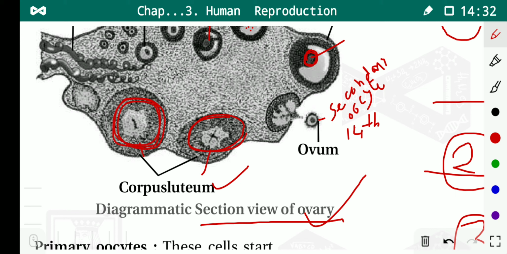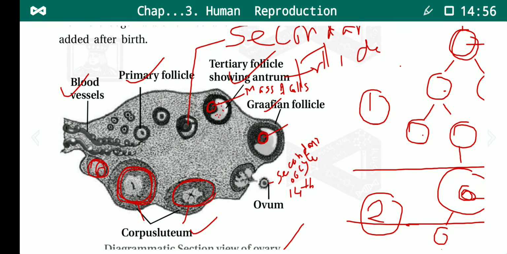If there is no fertilization, then this corpus luteum gradually decreases, degenerates, and disappears. Again a new cycle starts. Here you see small size, big size, small size, and ultimately it degenerates.